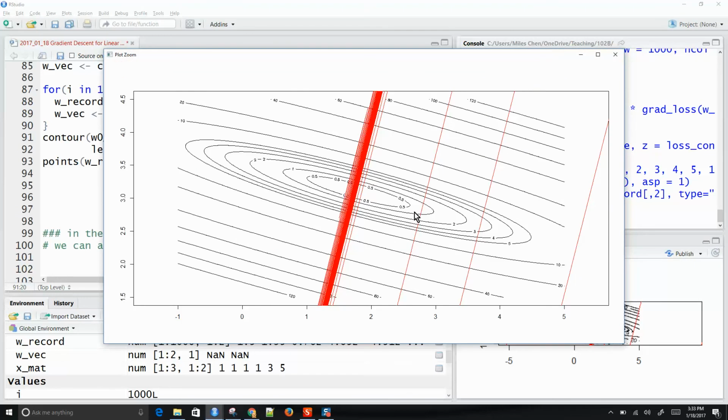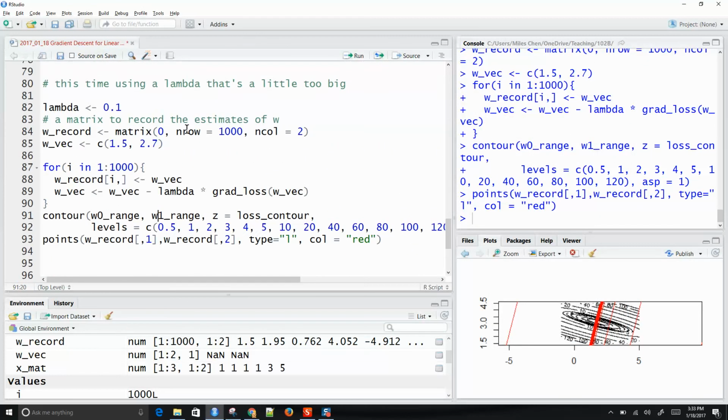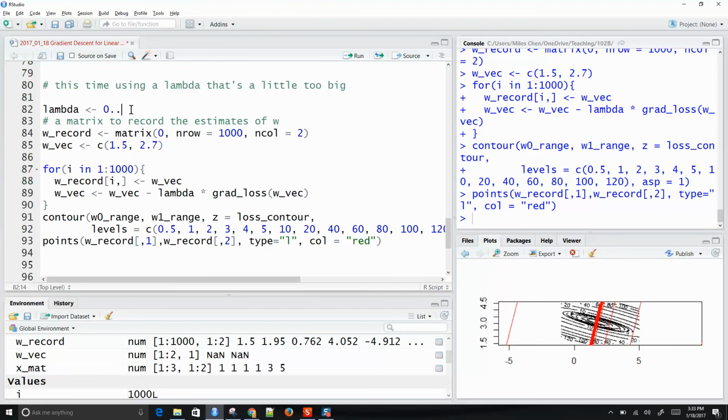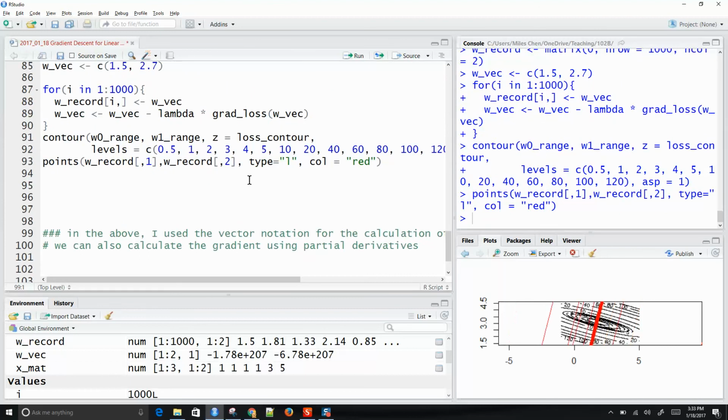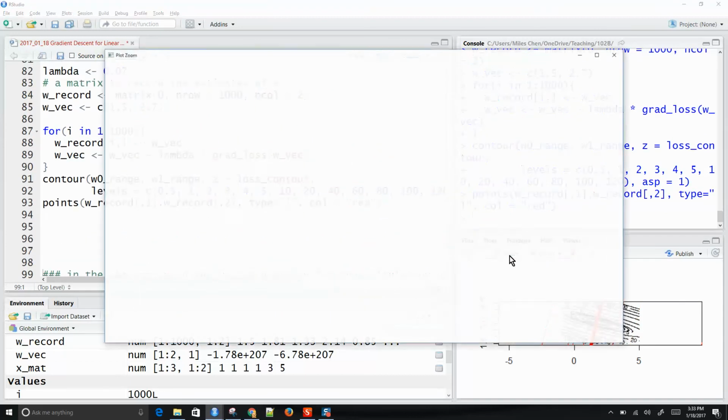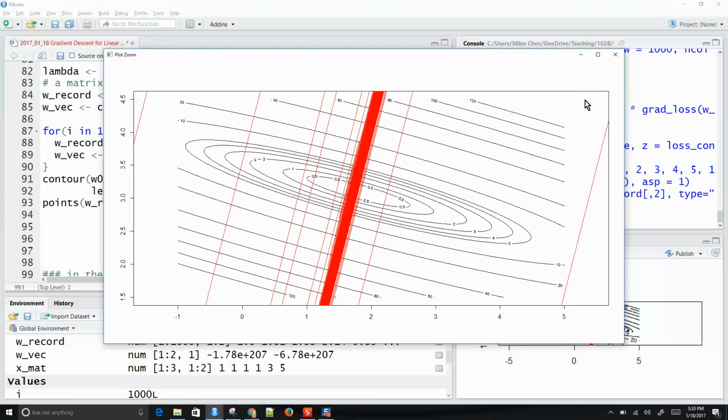So we started off over here, and it just diverged. Because the step size was too big, it's diverging, and it's sending me in the opposite direction, sending me too far away. And maybe 0.1 was too much. Let me just try 0.07. Let's see. Yeah, it's still diverging, but it's going all over the place.